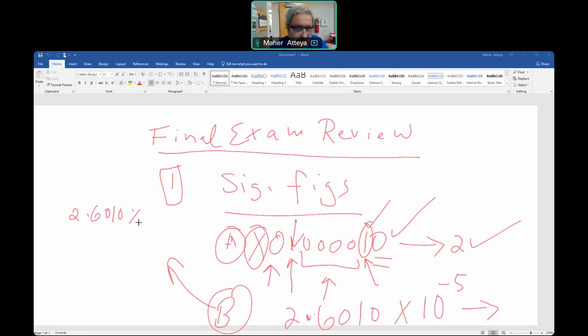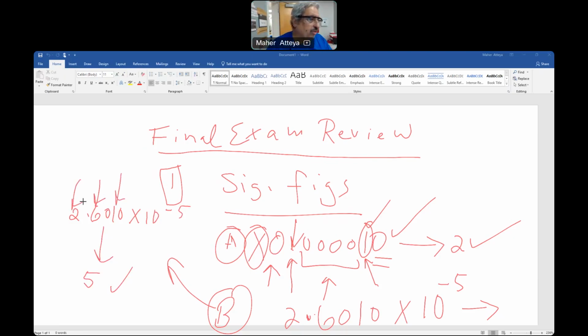2.6010 times 10 to the minus 5. So how many sig figs does it have? How many? Guys, 4? That's not correct. So how many? 5? That's correct. Why is it 5? Well, this is a whole number here, and this is a whole number.